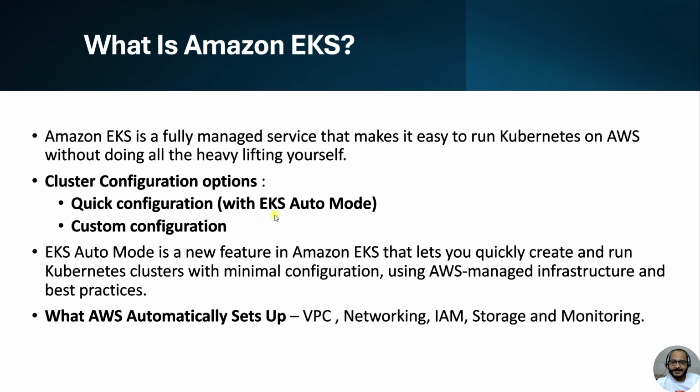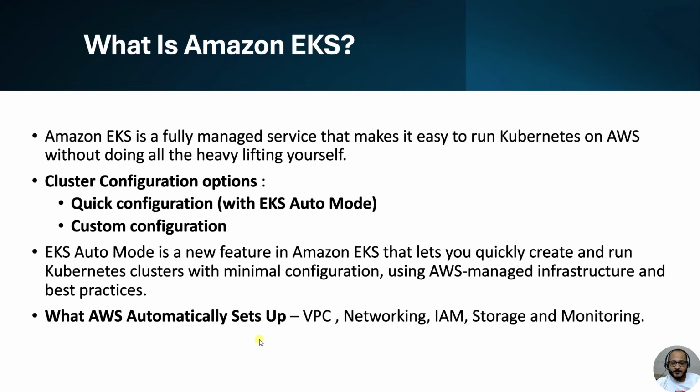Basically EKS auto mode is a new feature in Amazon EKS that lets you quickly create and run a Kubernetes cluster with minimal configuration using AWS managed infrastructure and best practices. So what all the things you will get if you create an EKS cluster using the quick configuration option?